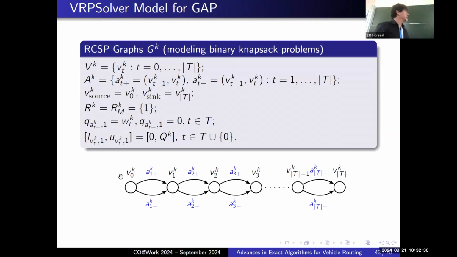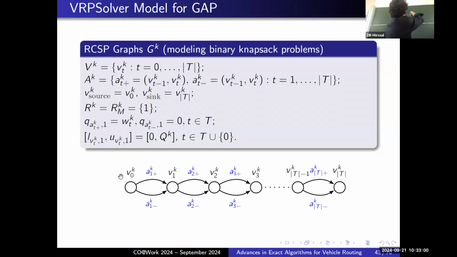Essentially, we have the items here, item 1, 2, 3, 4, up to the last one, a dummy one, and we have two parallel arcs here. The paths go from here to here. When you use the upper arc, this arc consumes resource, okay? When you use the lower arc, consumption is 0.